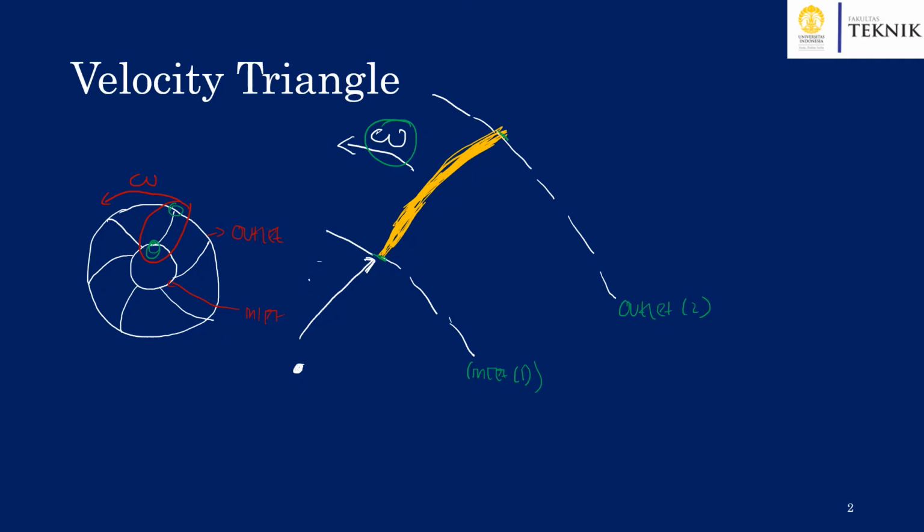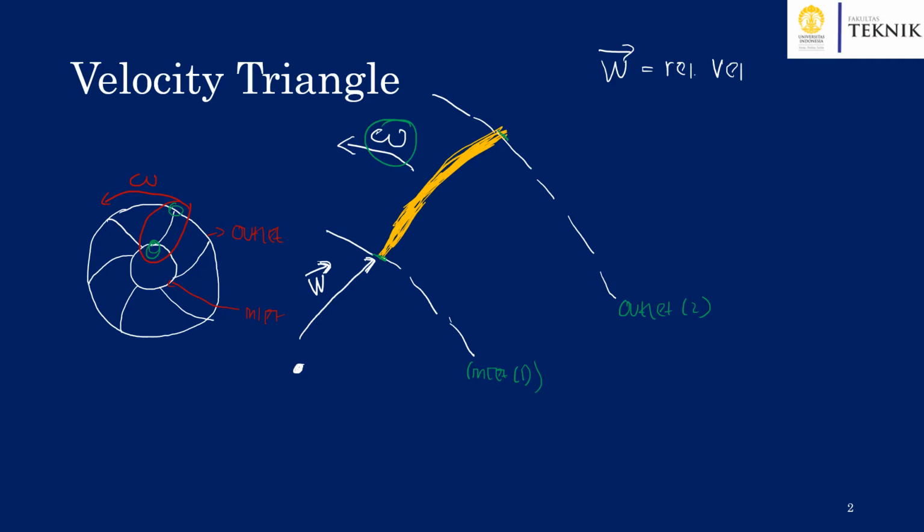We normally note it down as W with a vector symbol on it, since velocity is a vector. This is called the relative velocity, which is the velocity when the fluid moves with the blade.